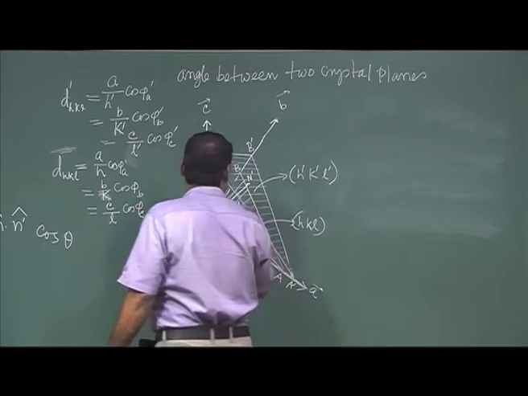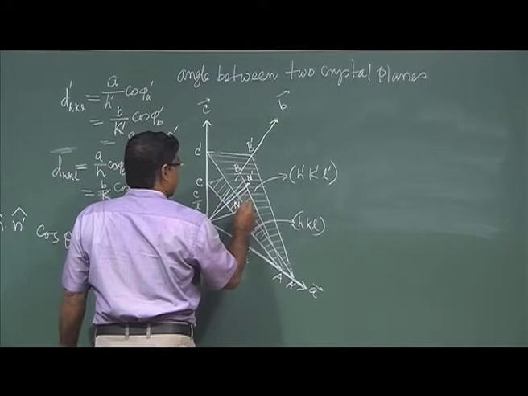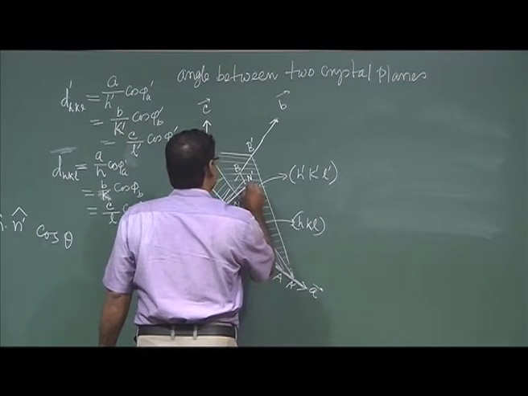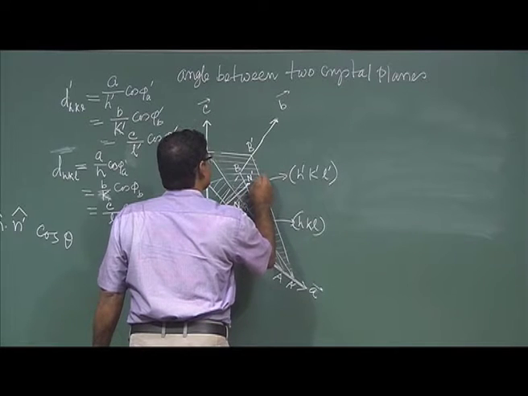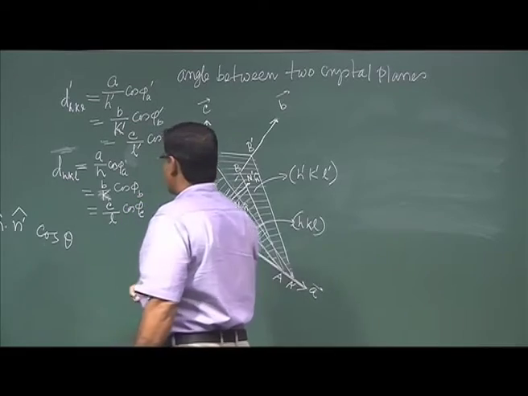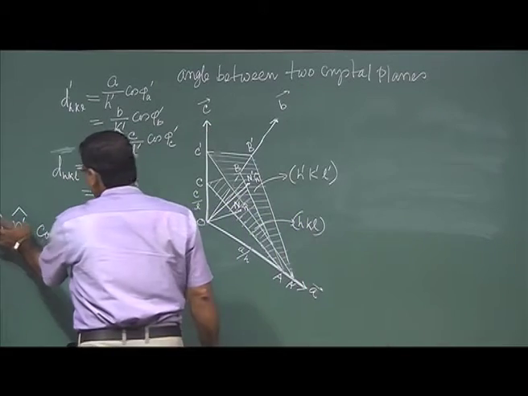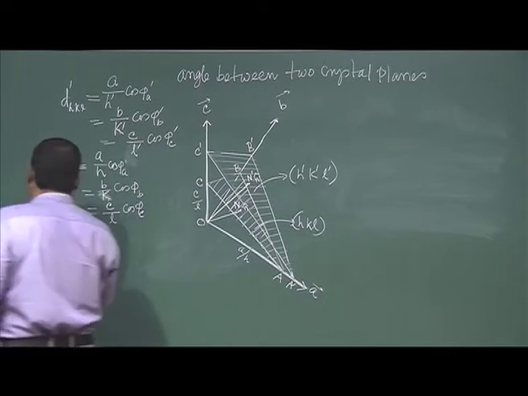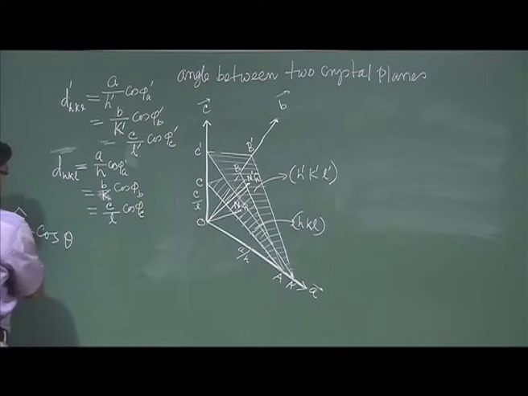If the unit vector of this normal direction is n, and for the other normal direction it is n dash, okay, then the dot product of these two unit vectors will give you cos theta.